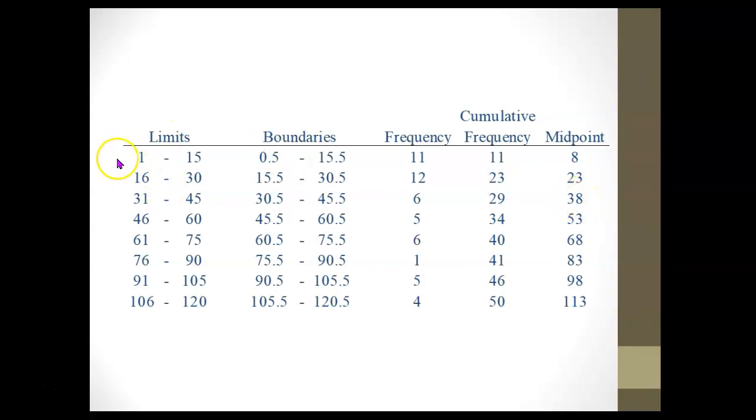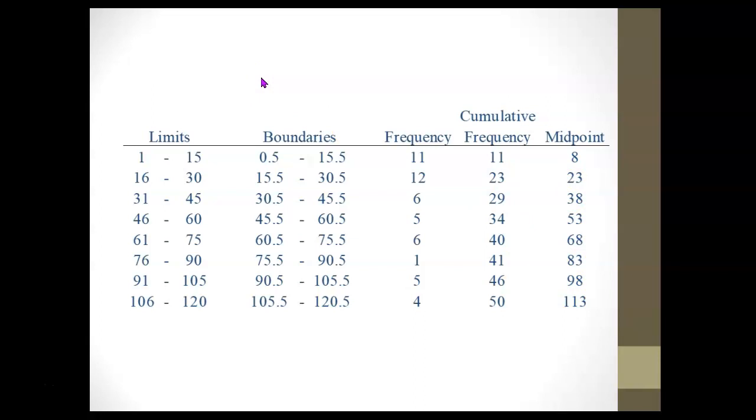And how you can figure that out is if you take the lower and upper limits of a class and add them together and divide by 2, so it's kind of like you're averaging them together, that will give you the midpoint. So 1 plus 15 would be 16, divided by 2 gives you 8. 16 plus 30 would be 46, divided by 2 gives you 23, and that's what's halfway between the 16 and the 30, and so on.